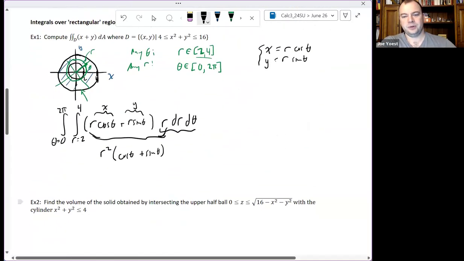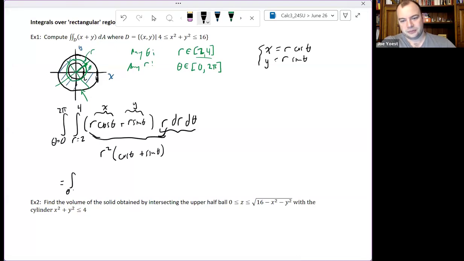So we can do something similar here. We could integrate theta equals 0 to 2 pi of the theta bit.